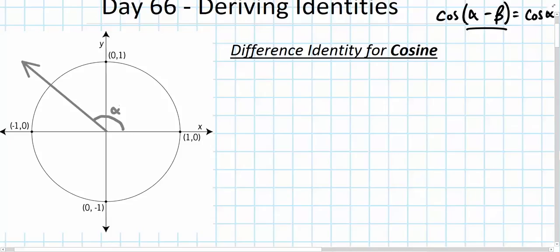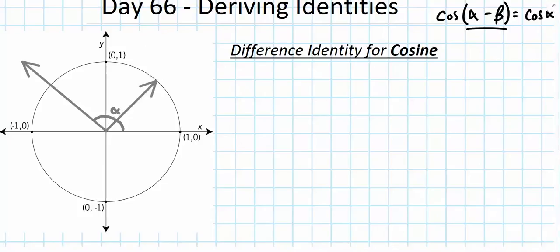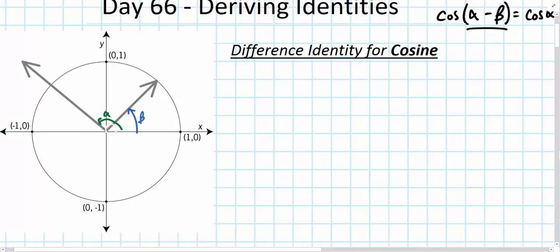This line represents angle alpha, and this line represents angle beta. I've changed the colors to make these angles stand out. This green angle is alpha, and the blue angle is beta. We always measure from the positive x-axis, and that's where alpha and beta come from.